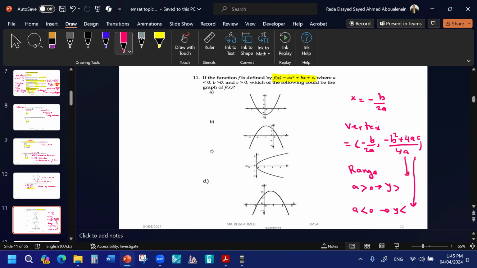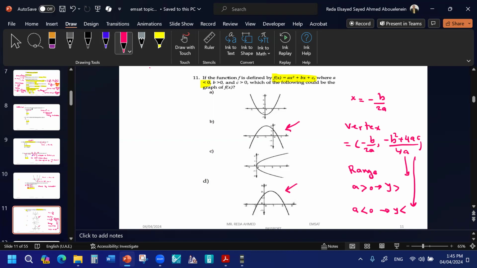So here, the function is defined on the form where a is negative, which means the graph is drawn downward. So it will be one of these, this or this.